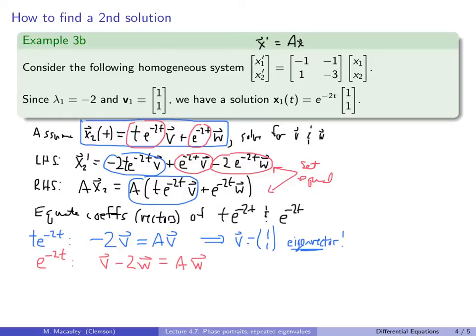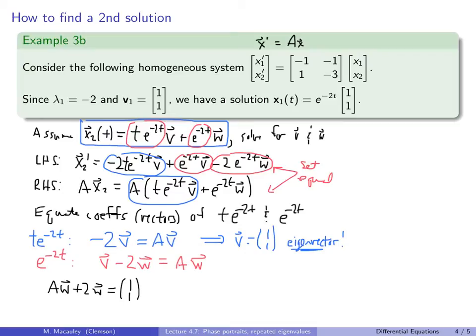Okay, so this second equation, let's try to understand this now. I'm going to move the w's to one side of the equation. I'm going to write this as Aw plus 2w equals v, which I'm going to write as 1, 1.